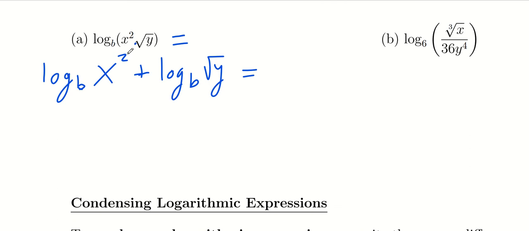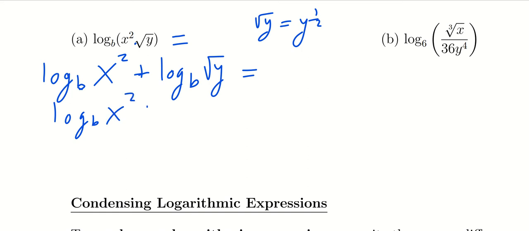Now that we're here, we see that implicitly, each one of these is being raised to a power. We have x squared here, which is pretty explicit, right? The power is 2. But remember that if you have the square root of y, that's the same thing as y to the 1/2 power. So we can bring each one of those exponents down in front by using the power rule for logs. I'm just going to rewrite the second part so we see it.